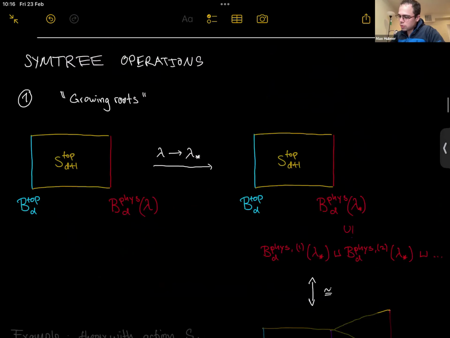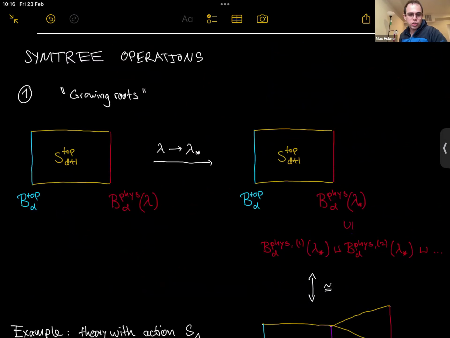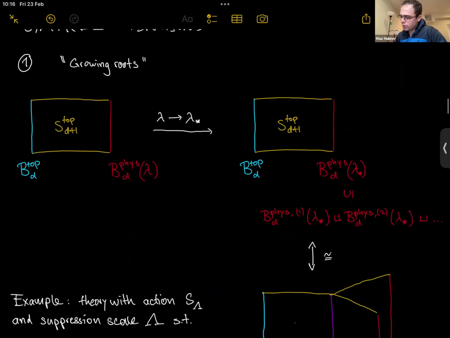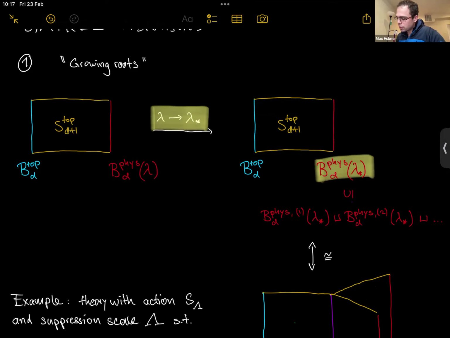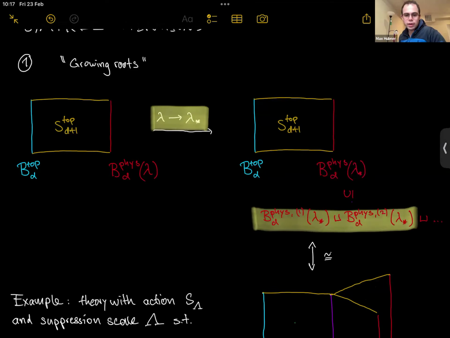So there's a collection of standard operations one encounters in studying SymTrees. The one I just discussed is where, as we said in the introduction, maybe I'll go to some special point, some infinite distance point in my parameter space. And in this case, the relative theory decomposes into a collection of locally decoupled theories.